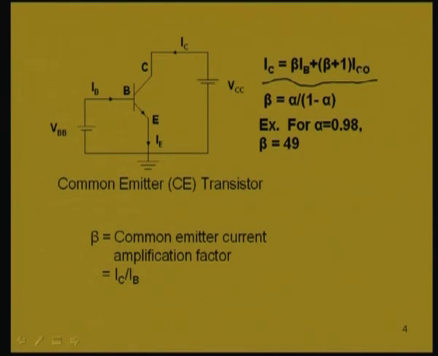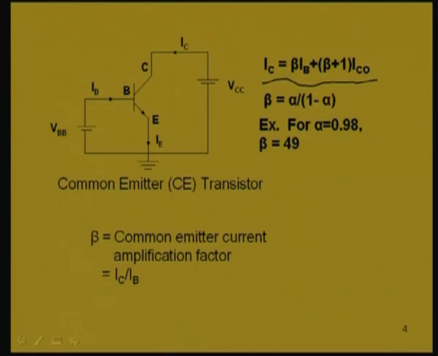We can very well ignore the second part and write IC equal to beta times IB. From that, the DC value of beta is obtained by IC by IB.